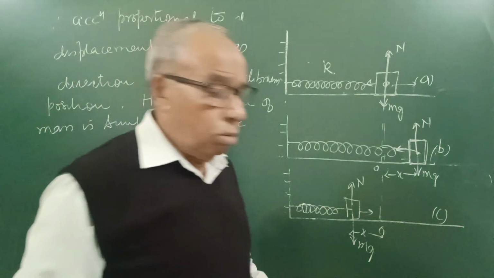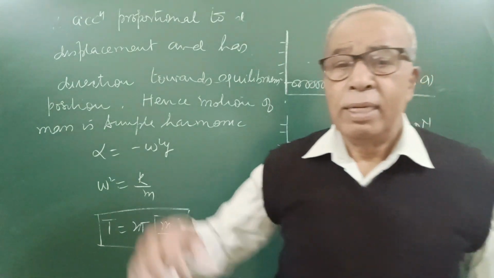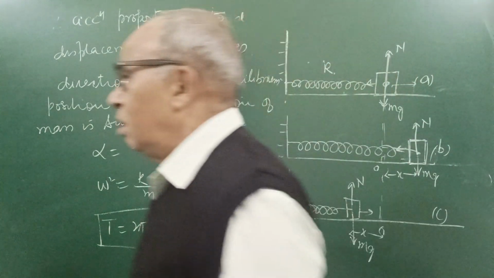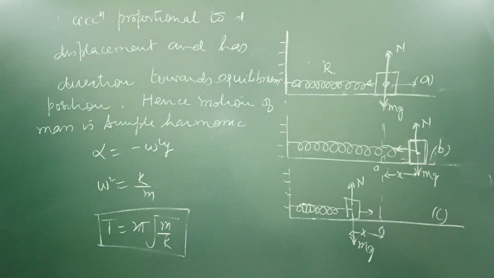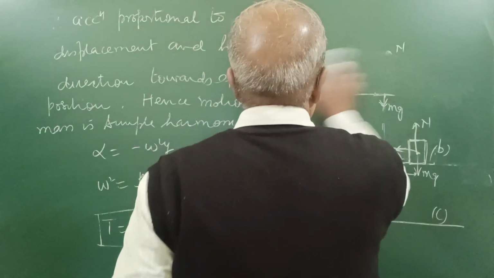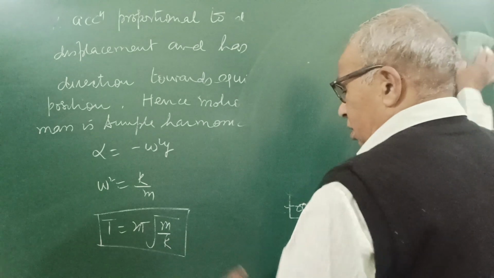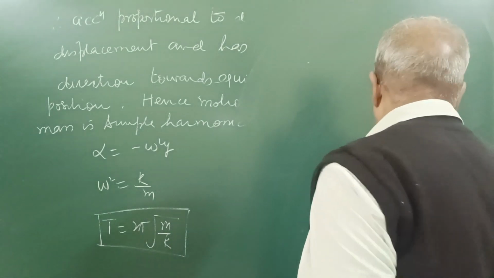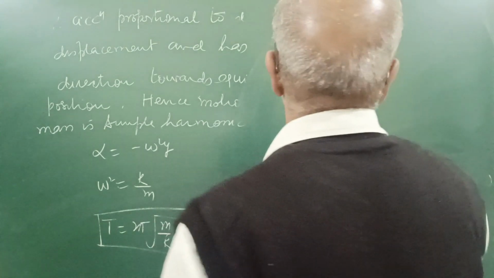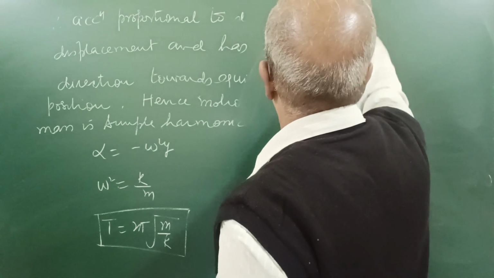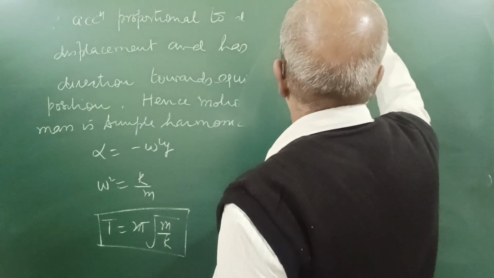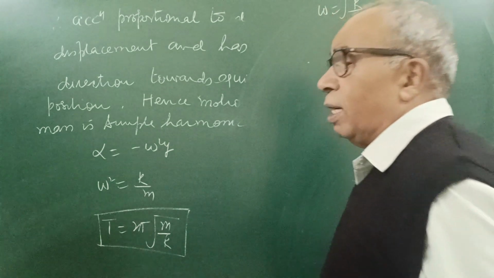So whether the spring is suspended in the vertical direction or placed horizontally, the time period is the same. Omega is called angular frequency, omega equals under root k by m. So this is called natural angular frequency.